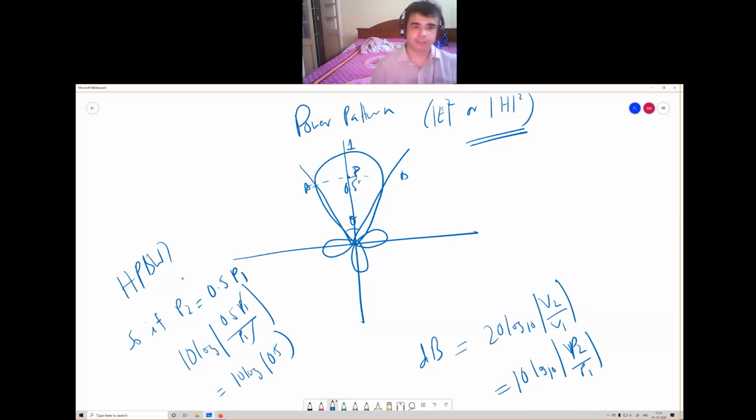So can you tell me, if P2 is 0.25 of P1, then what will be in dB without using logarithms? Without using calculators or logarithms, tell me if P2 is equal to 0.25 of P1, what this will be in dB?